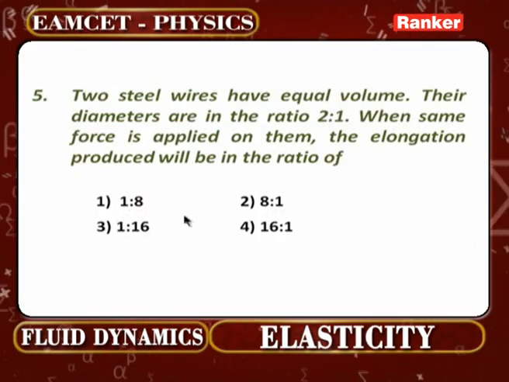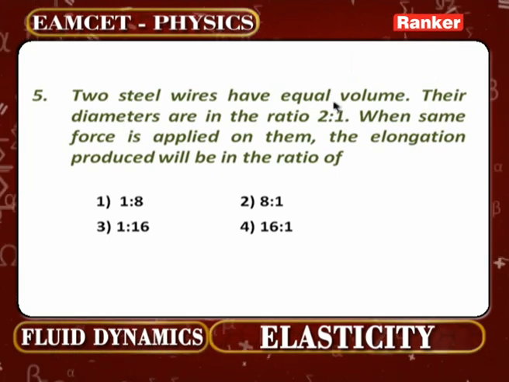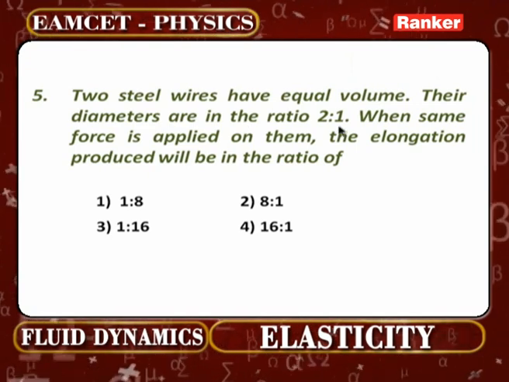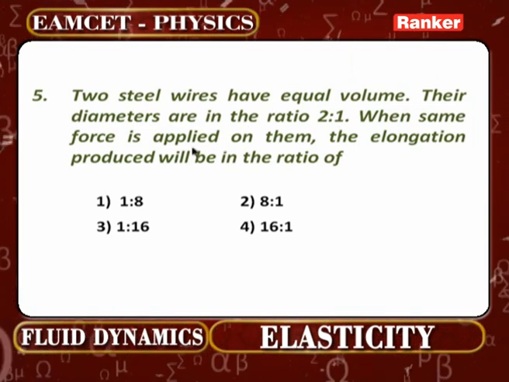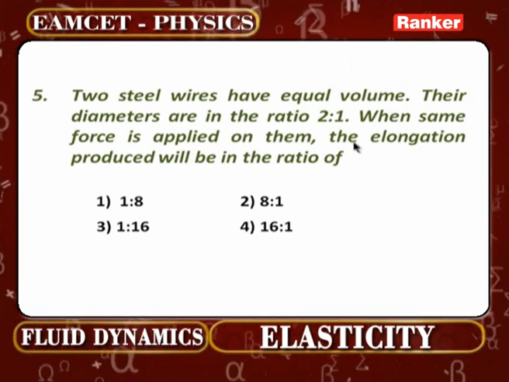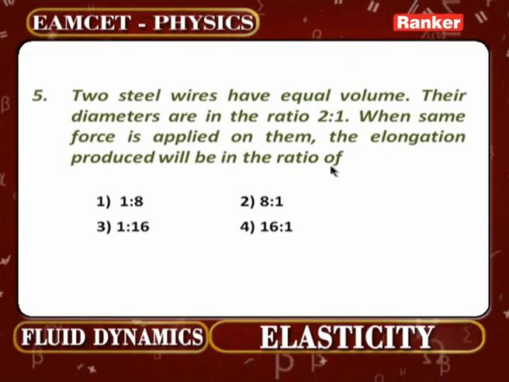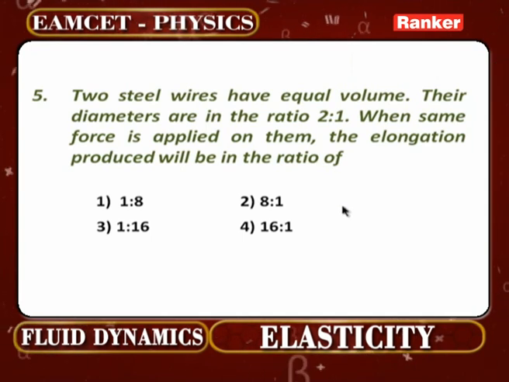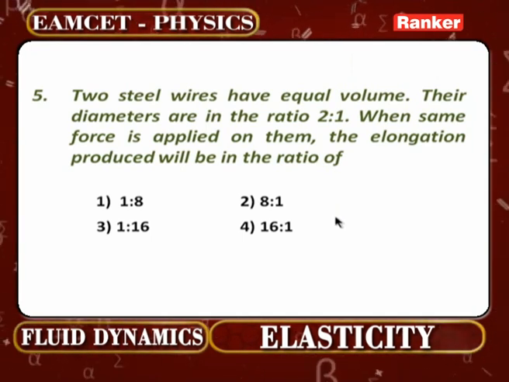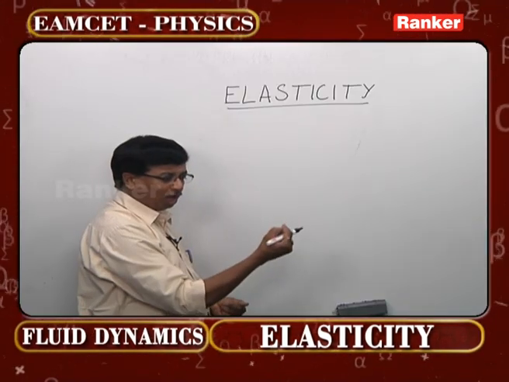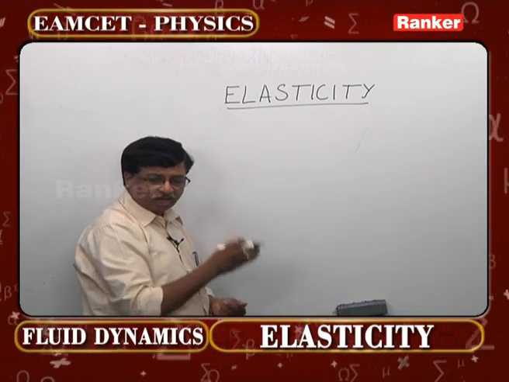Problem number 5. Two steel wires have equal volume. Their diameters are in the ratio 2:1. When same force is applied on them, the elongation produced will be in the ratio of how much? That is the concept. Now one thing you should understand, wire is nothing other than a cylindrical body. It is going to have circular cross section and length as well.